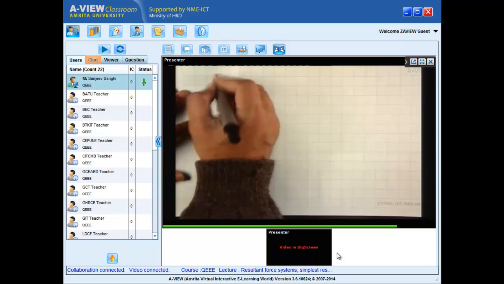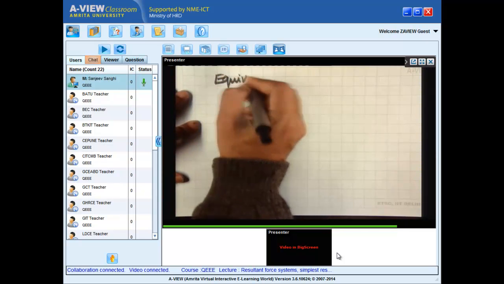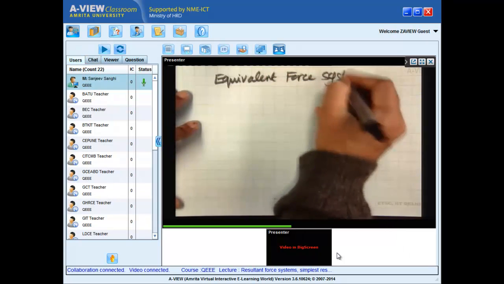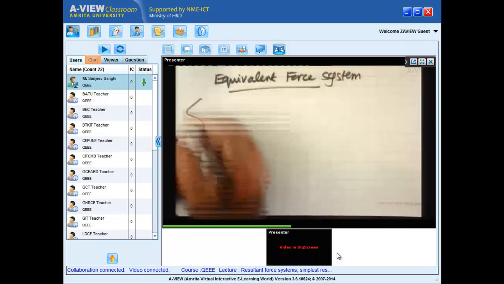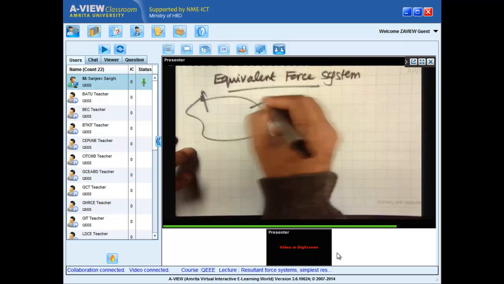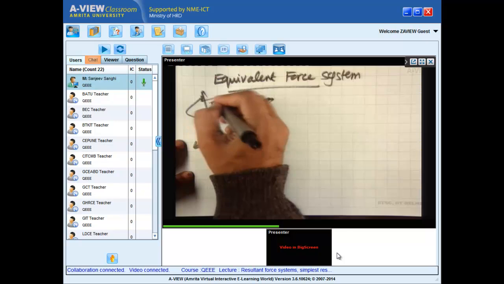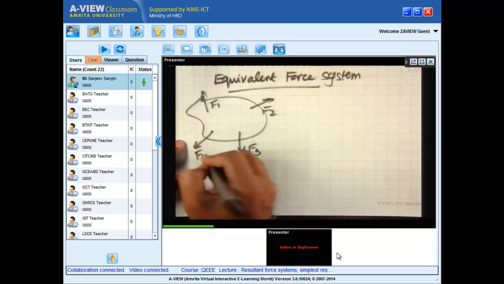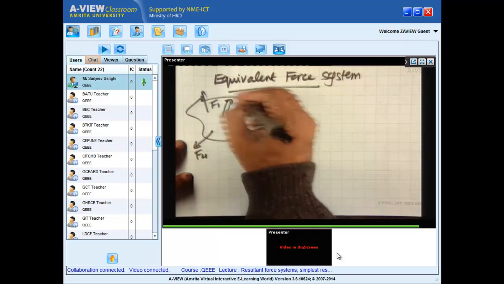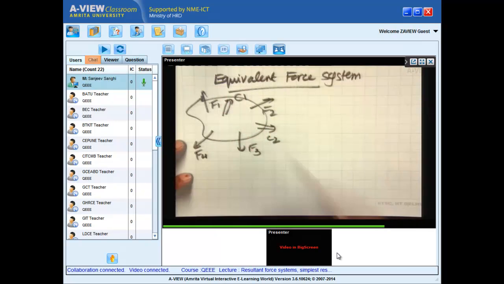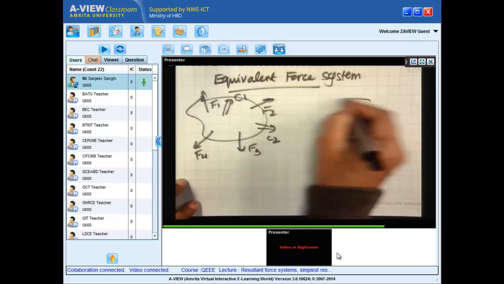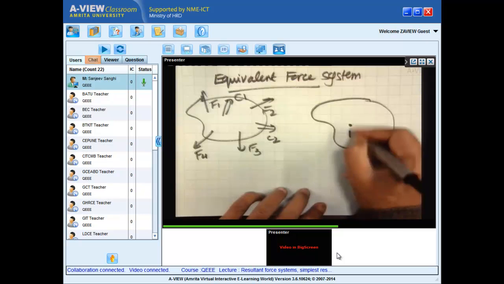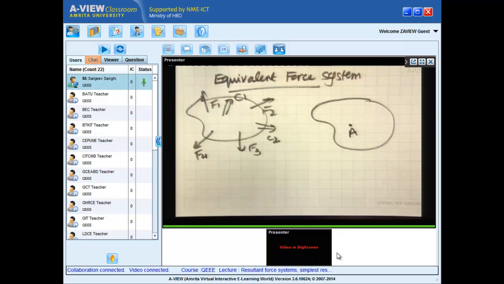So when we talk of an equivalent force system, we are saying there are two systems. One is the actual system, where forces and couples are acting at their own points. Now on the same body, we choose a particular point A. It is up to us which point A we choose.